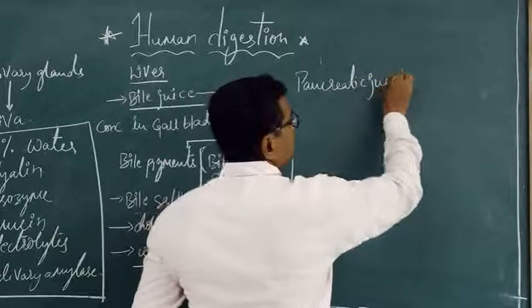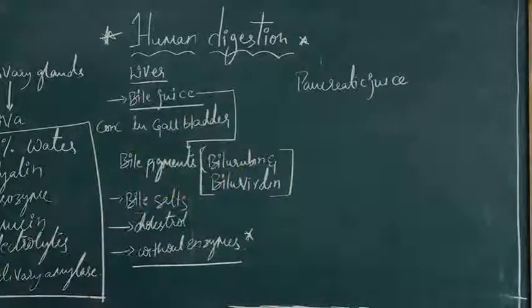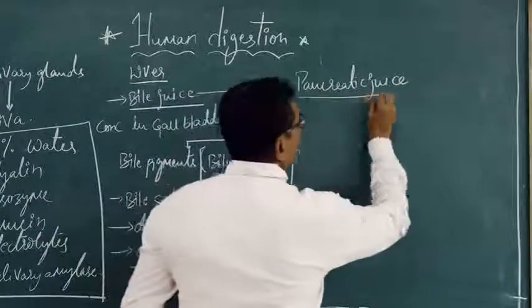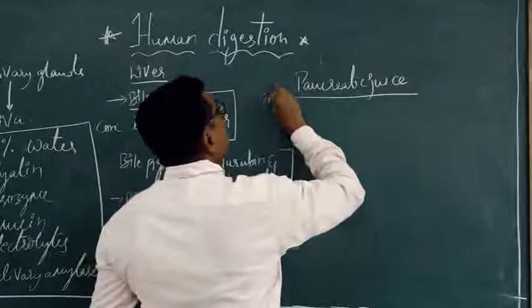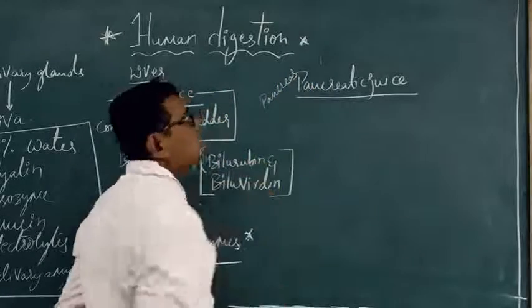And the next one, pancreatic juice. It is produced from the pancreas.